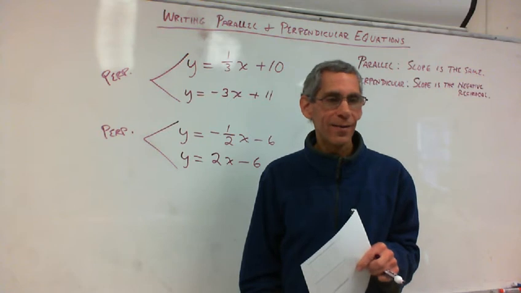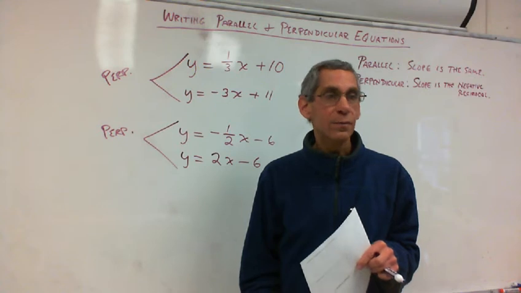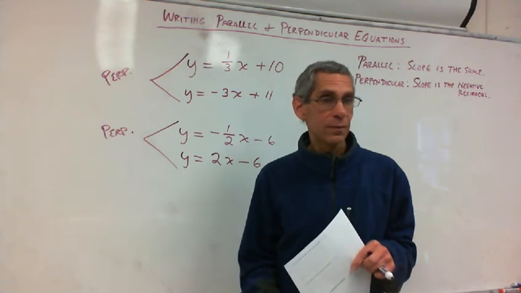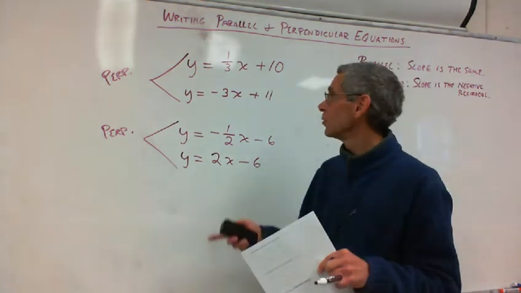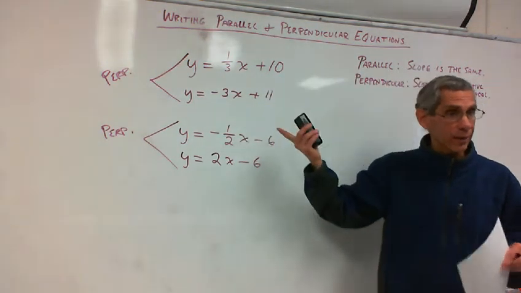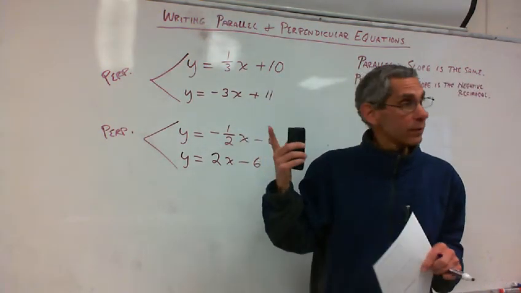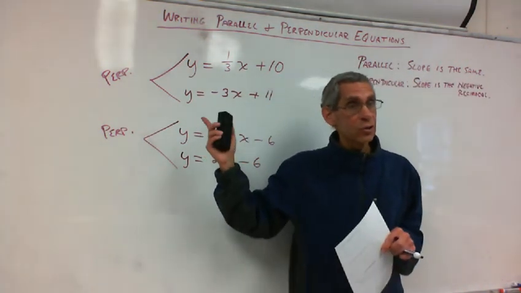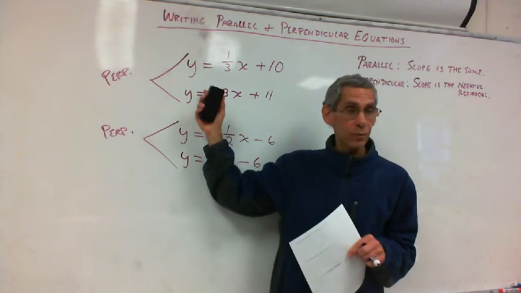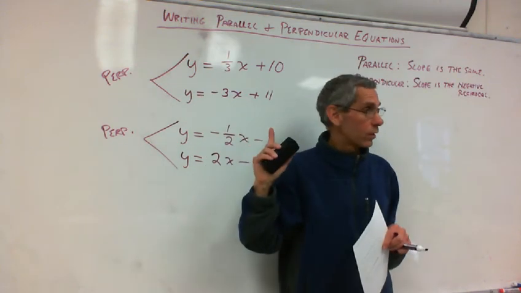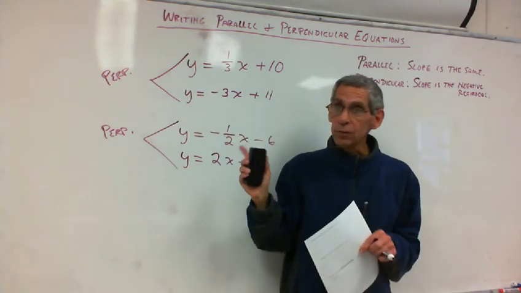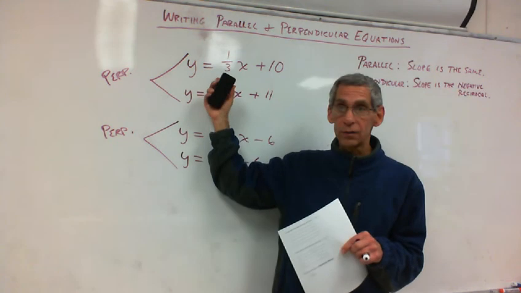Basically the m, which is the slope. If the slope is the same number, then exactly. Great. So all you have to do is look for that number in front of the x. Now, this is only true if it's in slope-intercept form, y equals mx plus b. That's important, because that way you know what the slope is.